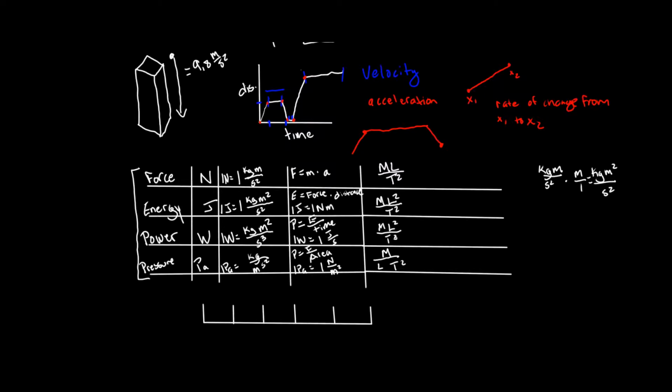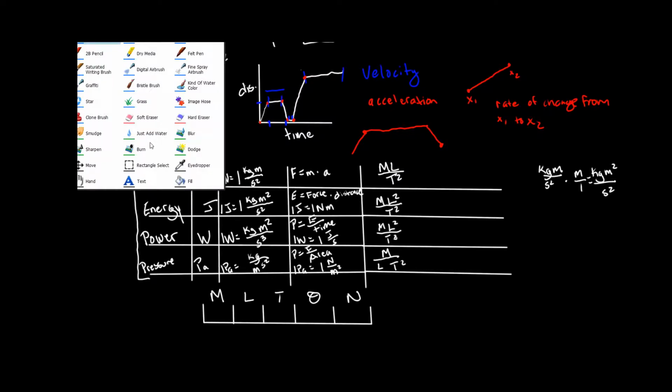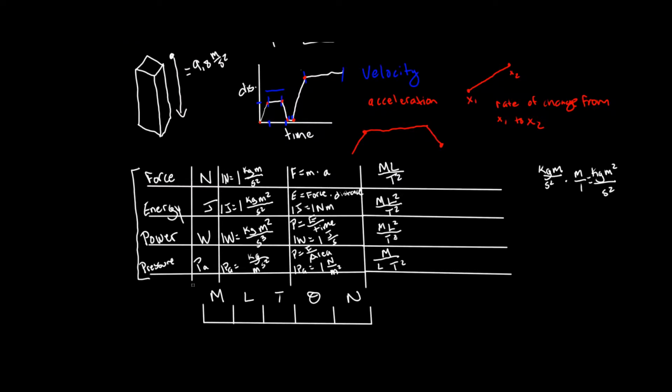Let's turn the pen on. Mass, length, time, theta, n. And then let me select this. We're just going to copy it, that way we can use it again.